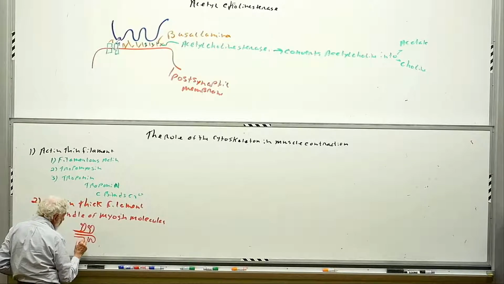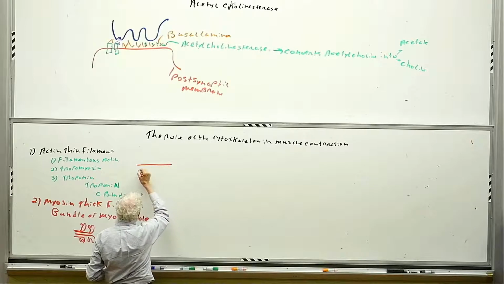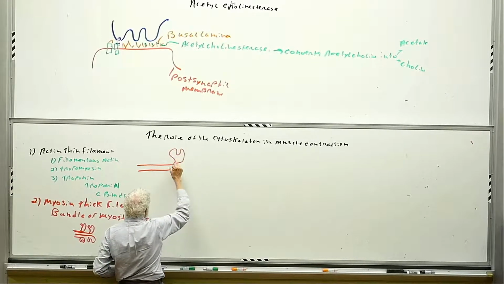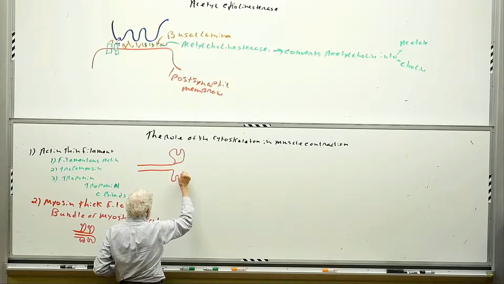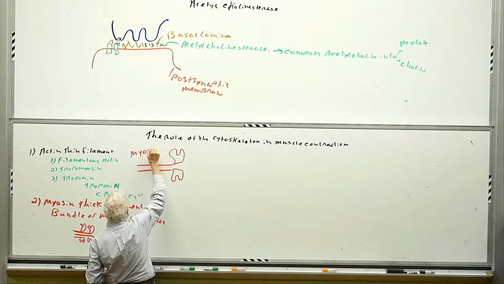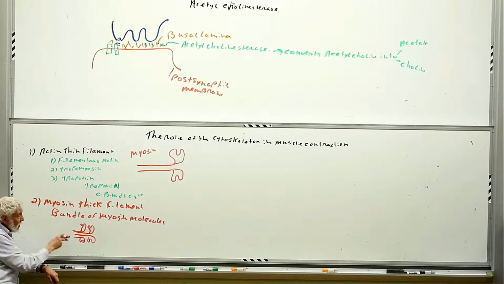And remind you again, when we talk about myosin, we see that it usually comes as a dimer, with those two tails, and then the two heads. So this is a myosin. But these myosins will be bundled together, and we'll see how later. But know that the myosins are bundled into a thick filament.